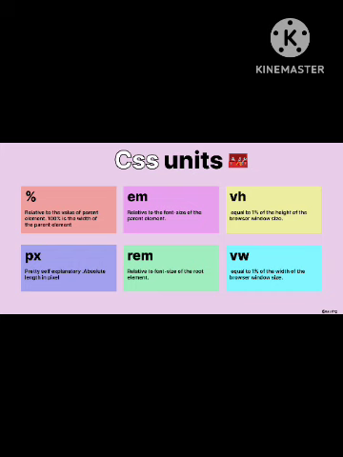Then we also have the min, max and clamp functions. Min: for example, if I write width as min of 600 pixel comma 90 percentage, what will happen is, if the screen size is 400 pixel, 90% of 400 pixel is 360 pixel.